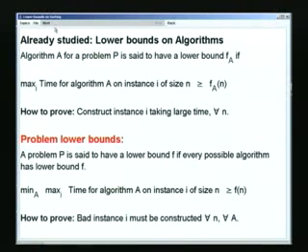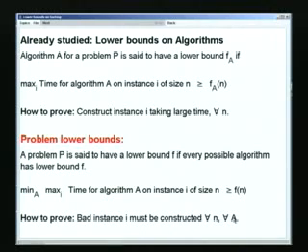How do we prove such bounds? Now we have to construct bad instances, instances which show that the time taken is large. But we have to construct them not only for all problem sizes, but for all algorithms as well. And of course, it need not be the same instance for all algorithms. It could be that for one algorithm, it is one instance which is bad.